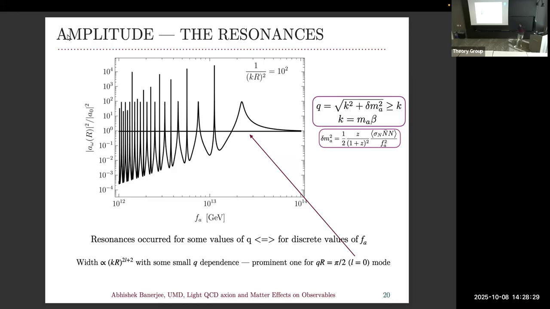Our starting point is the wave that is coming to us, a plane wave, so it has this exponent minus i k dot r kind of profile.